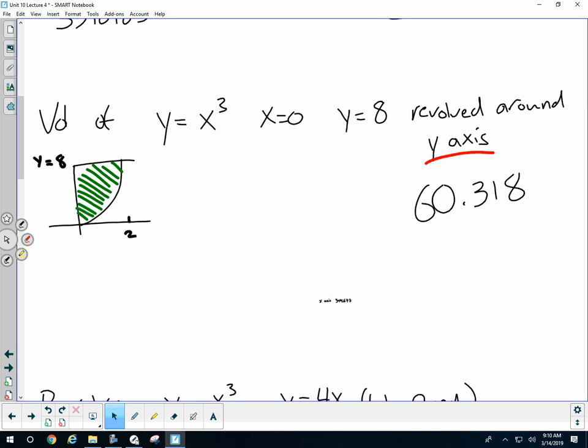Draw your reflection. Draw your cylinders. Understand what's skinny, or understand the summing of them, whether you're using x's or y's. You can set up your boundaries in your integral, pi, stuff, squared, dx or dy.